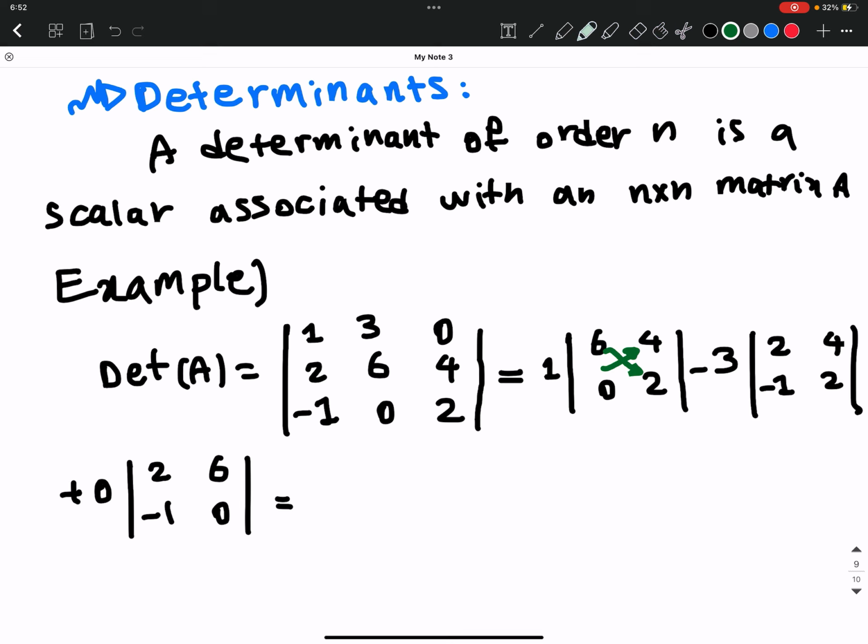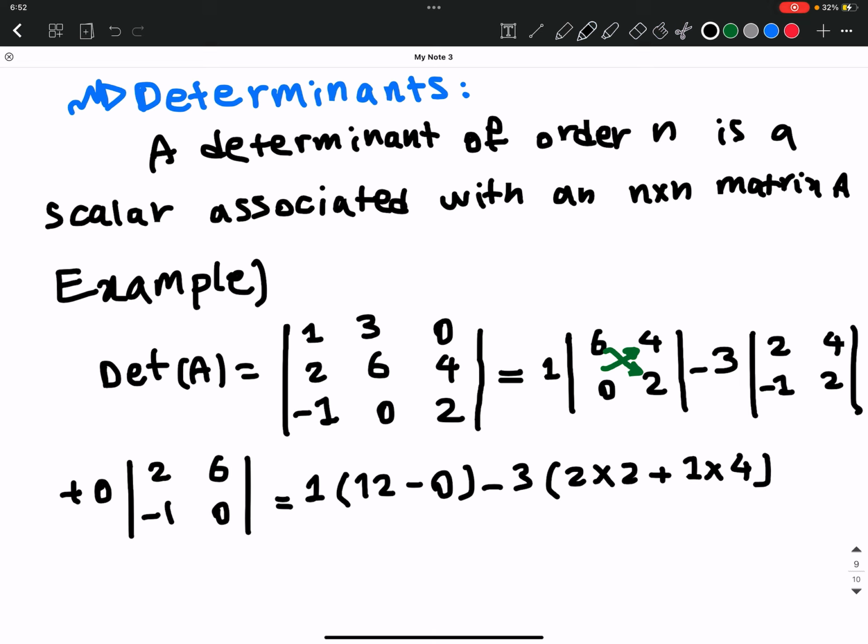So let me just do it for the first one. It's going to be 1 times 12 minus 0, minus 3 times the 2 by 2 again, plus 1 by 4, plus 0 times 0 plus 6.